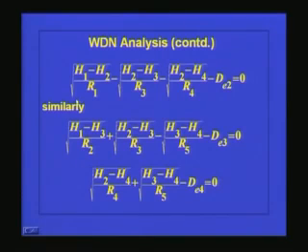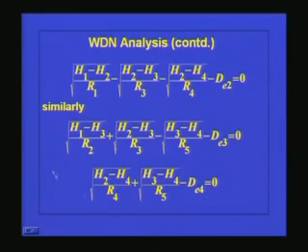Isn't it? Now in the WDN analysis, I get this equation for the flow balance at any node: square root of (H1 minus H2) by R1, square root of (H2 minus H3) by R3, square root of (H2 minus H4) by R4, minus DE2 is equal to 0. That is the nodal balance equation at node 2. Similarly, I can write nodal balance equations at the other nodes, node 3 and node 4.